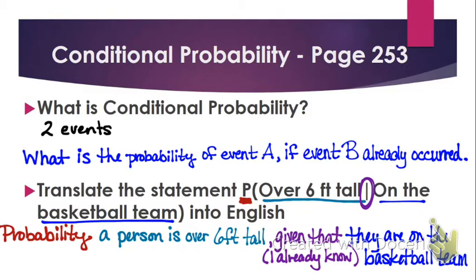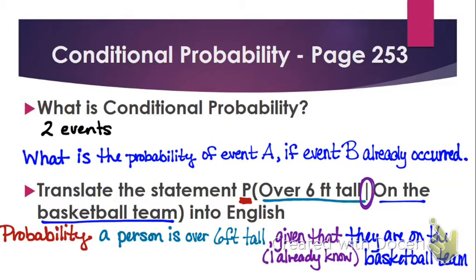With compound probability, I take the probabilities and multiply them together when we have more than one event. Conditional probability says, I already know something happened. So what are the chances of this other thing now occurring?